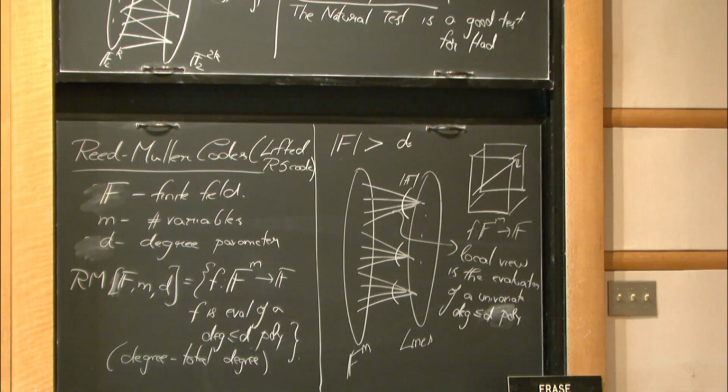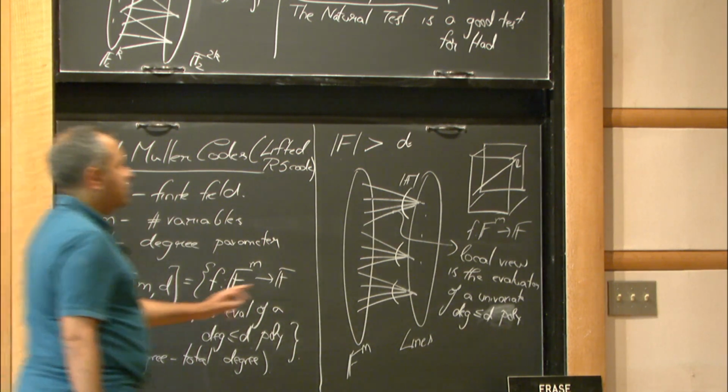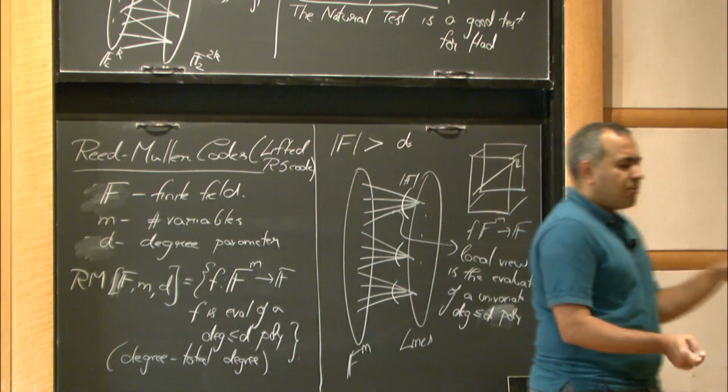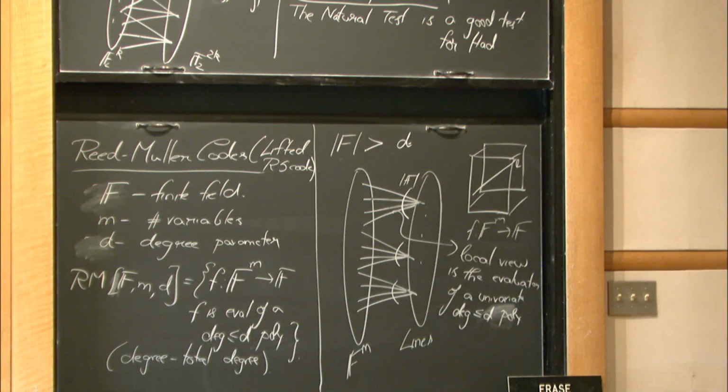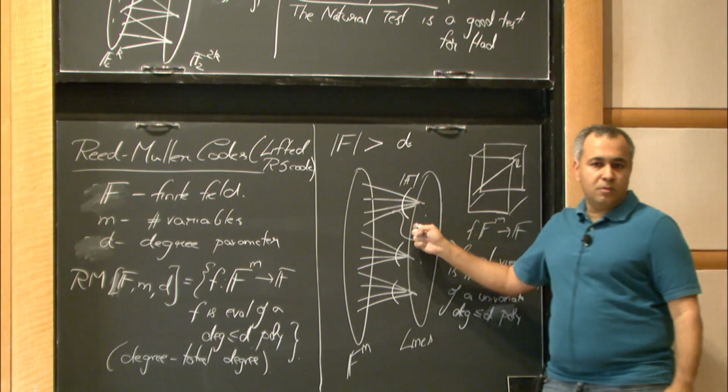It just says that if you have a multivariate polynomial, then the restriction to any smaller subspace still remains low degree if it's low degree in the large space. And this is not just a one-way direction; it's a characterization. It requires a little bit of work to show that if it's low degree on every small subspace, then it's still low degree on the large space, and that's what's been used over here.